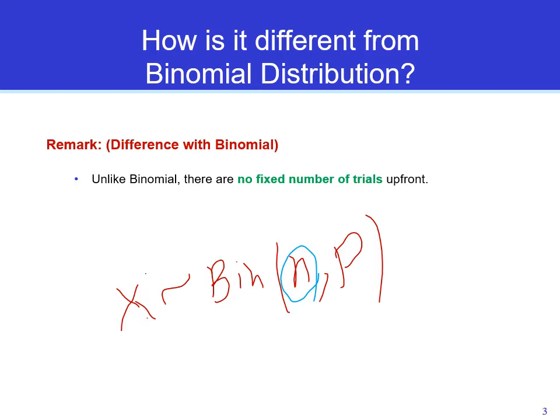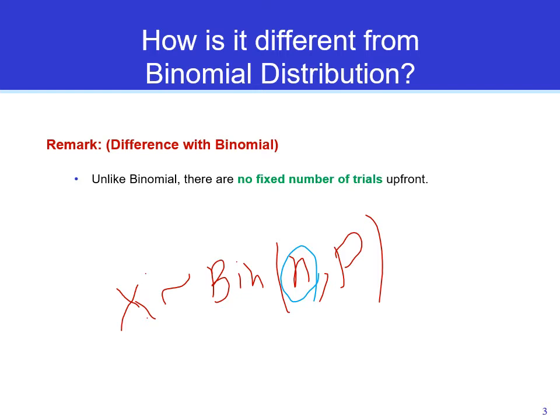That means that the experiment has been repeated n times. For example, you toss a coin 10 times, and the number of successes, if you define it as heads, would be anything between 0, 1, 2, 3, up to 10. You cannot have more than 10 heads because you tossed the coin 10 times, right?